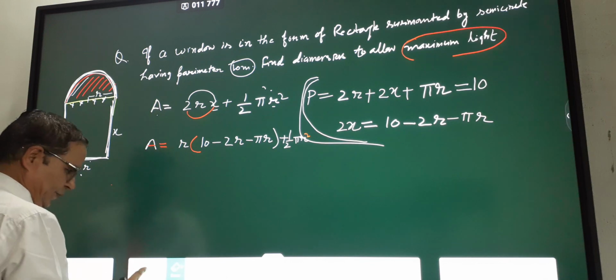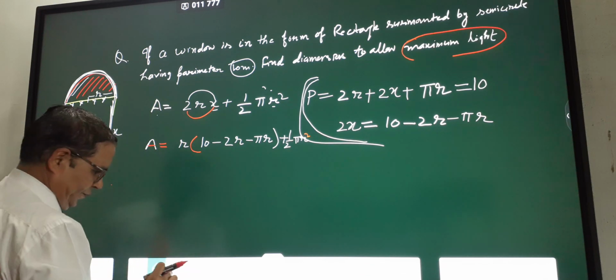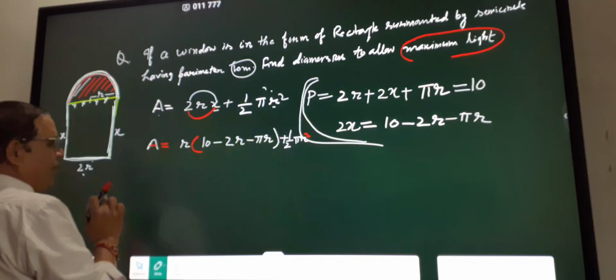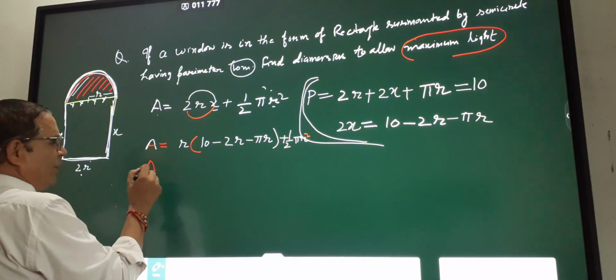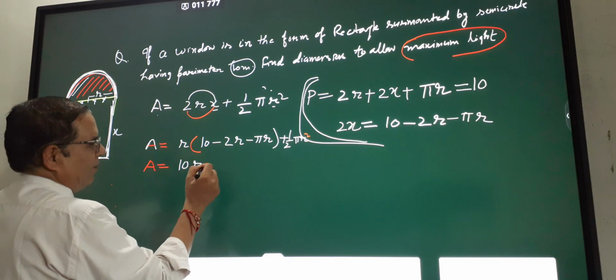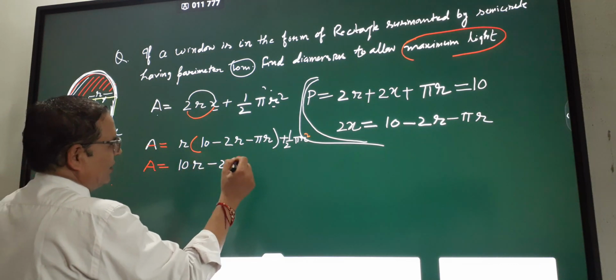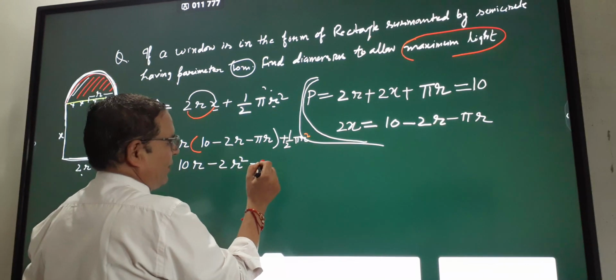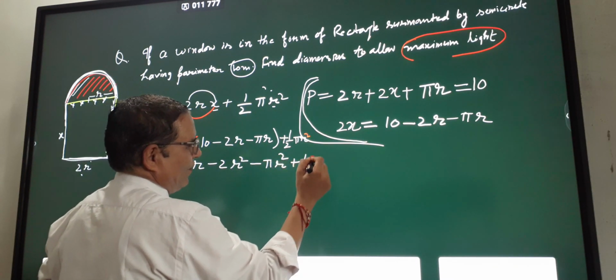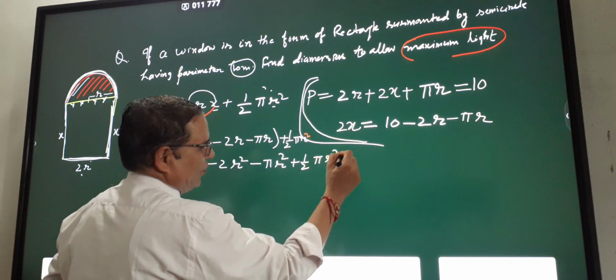So A equals 10r minus 2r square minus pi r square plus half pi r square.